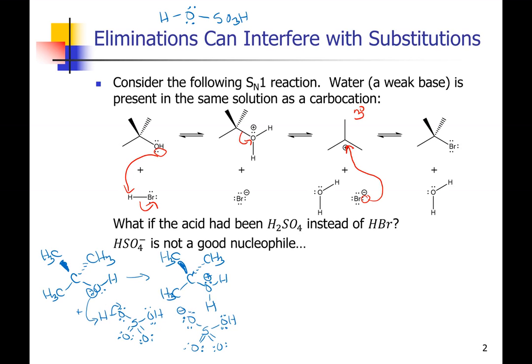Now, this is such a stable conjugate base because of all the resonance stabilization of that negative charge. It's shared by all 3 of the oxygen atoms that don't have hydrogen attached. So we've generated the same protonated intermediate as in the top example. And just as in the top example, we can have water leave as a leaving group in order to give us a tertiary carbocation.